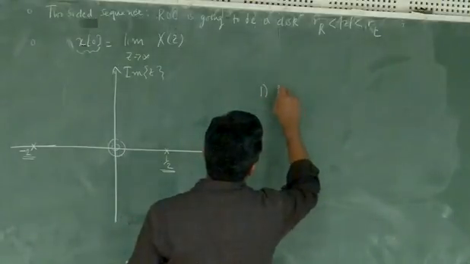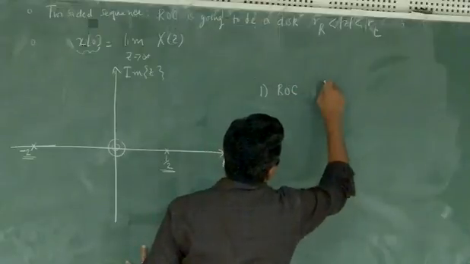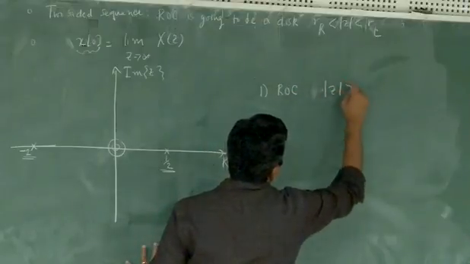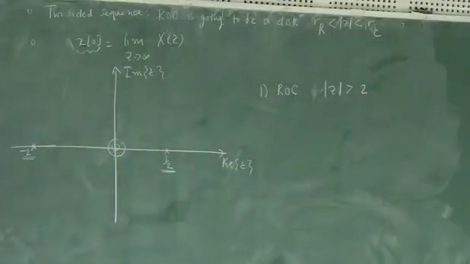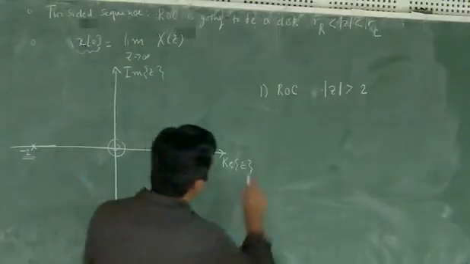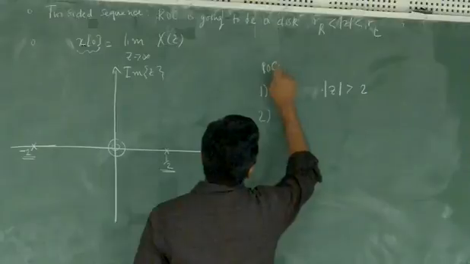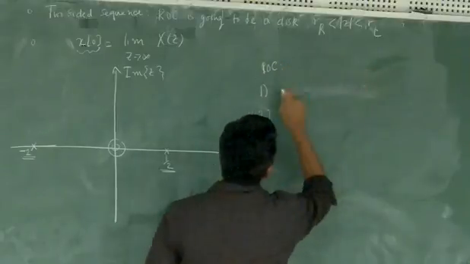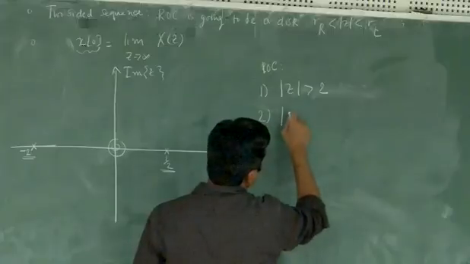So number 1, right? What else? What other ROCs can we have? Second one? Okay, what was the other one you said?